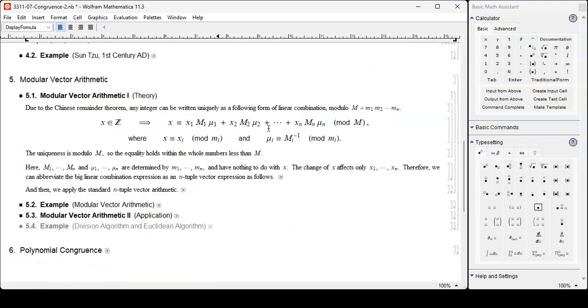In general, if you start from any integer, then the correspondence is not exactly 1 to 1.